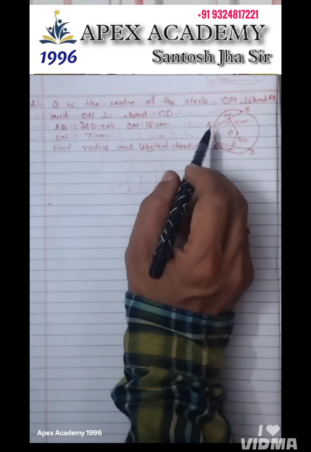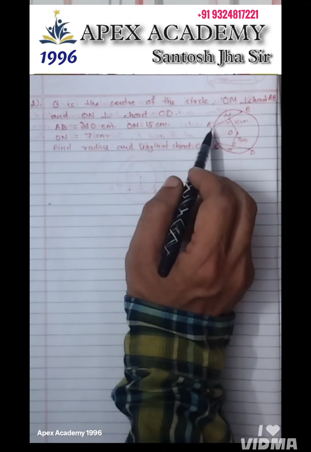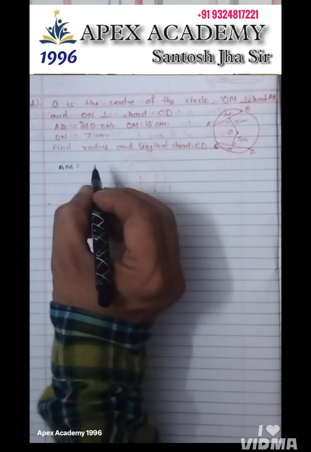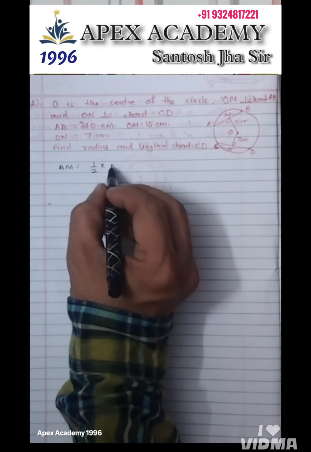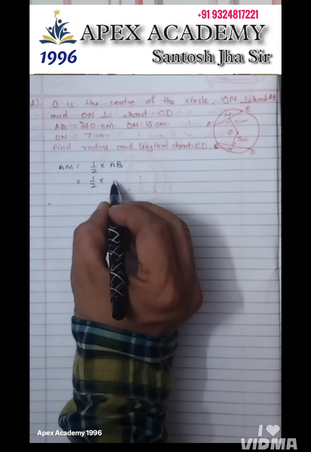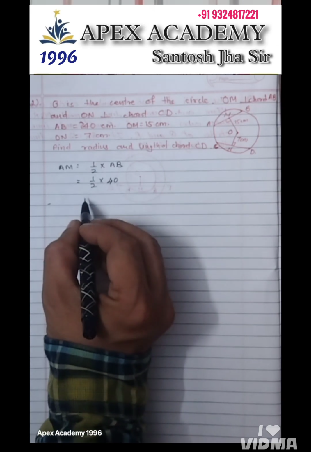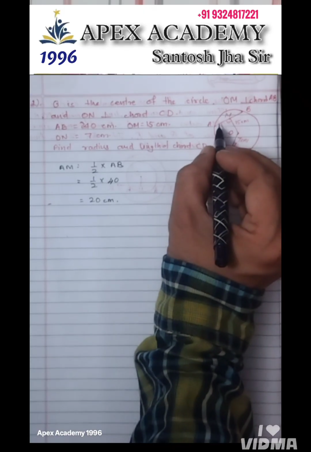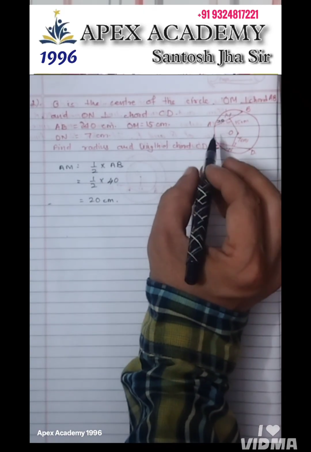As chord AB is 40 cm, we can find AM. So AM is half of chord AB, and AB is already given 40, so it becomes 20 cm. So AM we got 20.